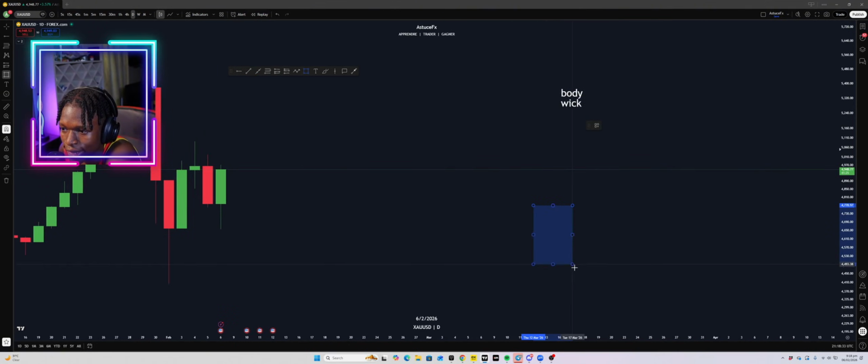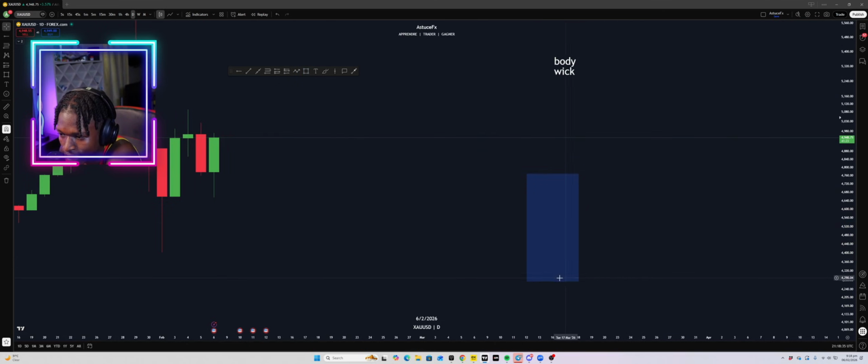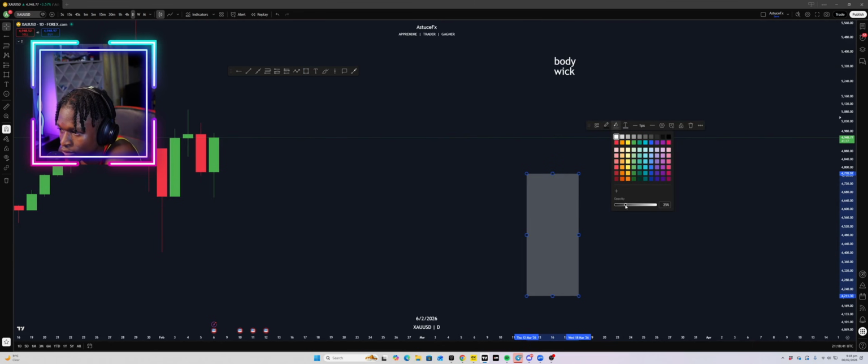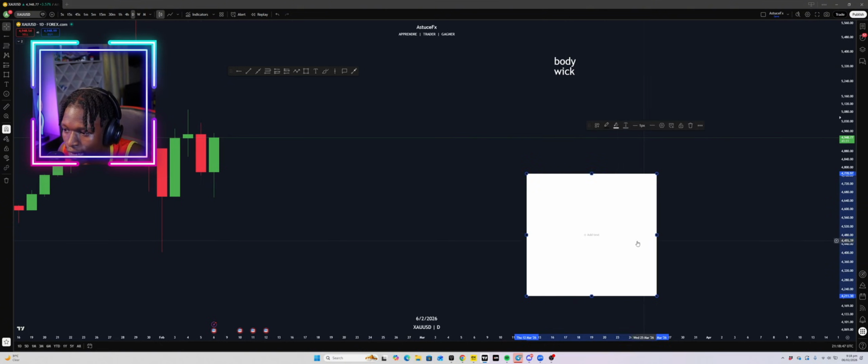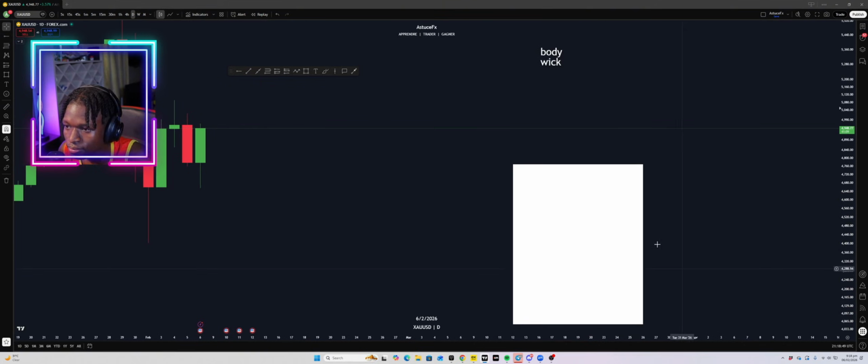Let's say in real life you have a candle, and most of the time candles in real life have white bodies. So this is basically a white candlestick right here. This candlestick in real life has a flame on it.